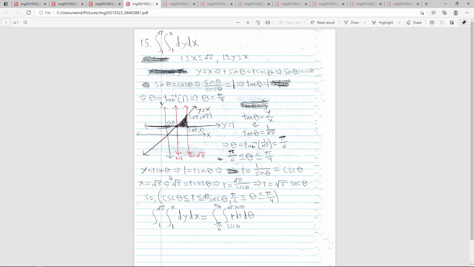We plug in values to get our r limits. y equals r sine zeta means that 1 equals r sine zeta. So r equals 1 divided by sine zeta, so r equals cosecant zeta is one limit. And x equals square root of 3 gives another important limit, the upper limit.